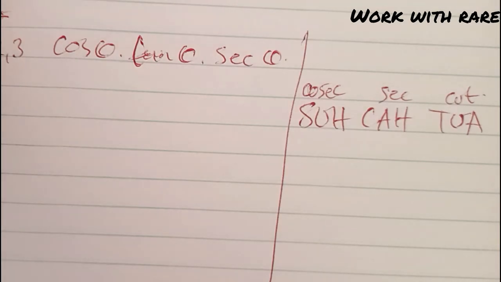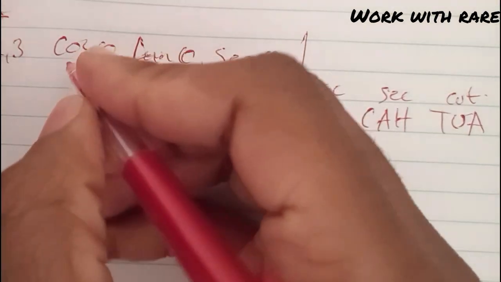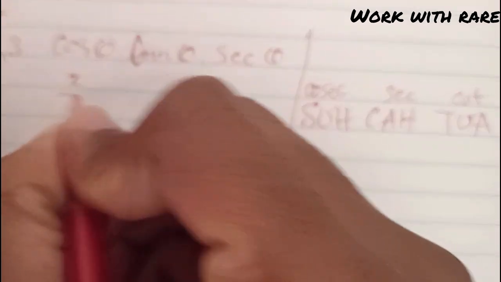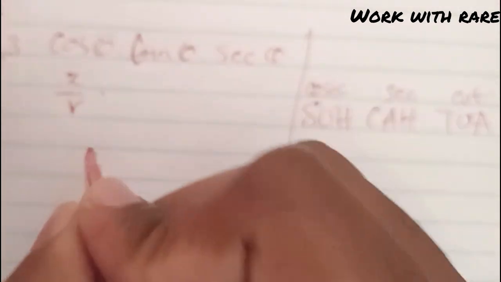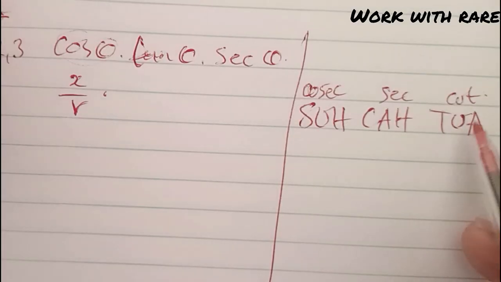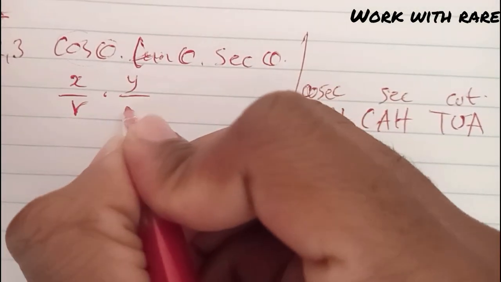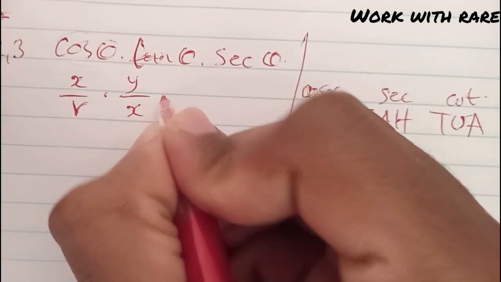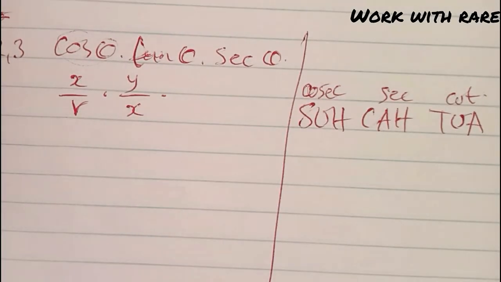Or I can make it easier for you by saying this one, it will be adjacent, which is x over r, multiplied by tan, which is opposite over adjacent, which is y over our adjacent, multiplied by, now cosec.